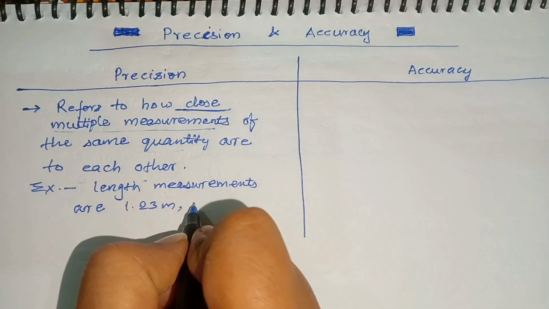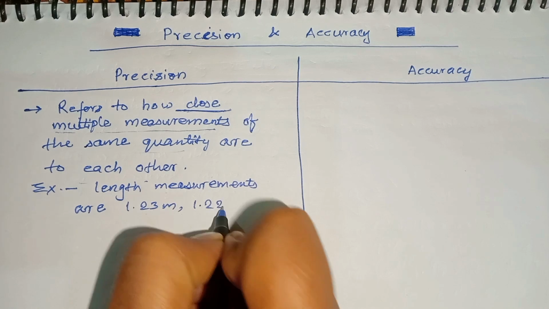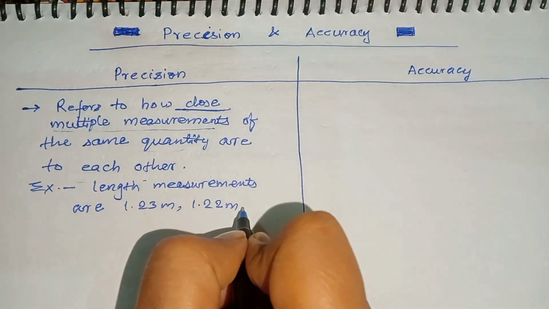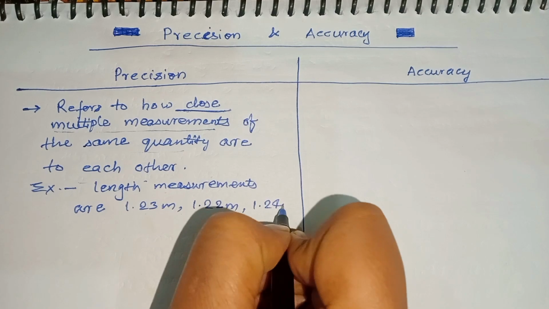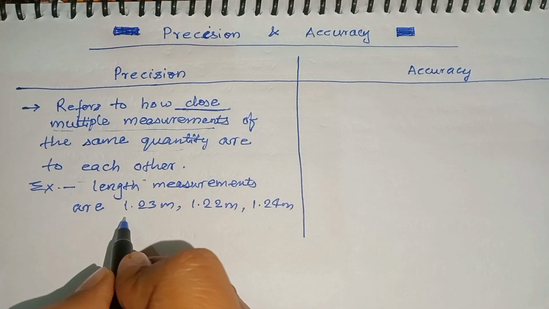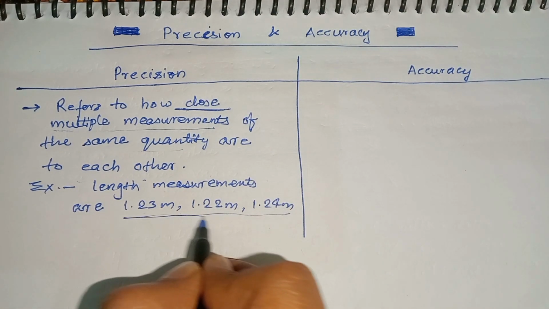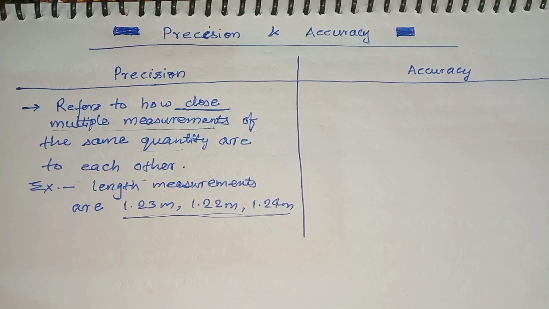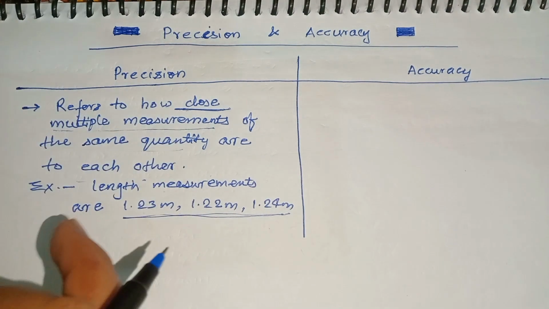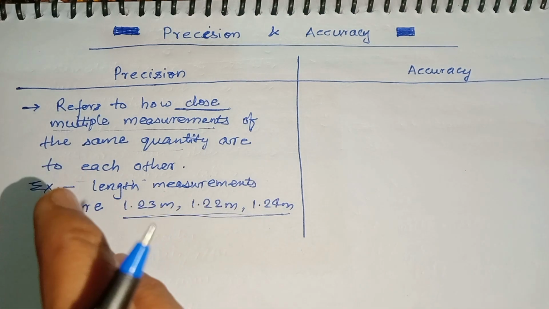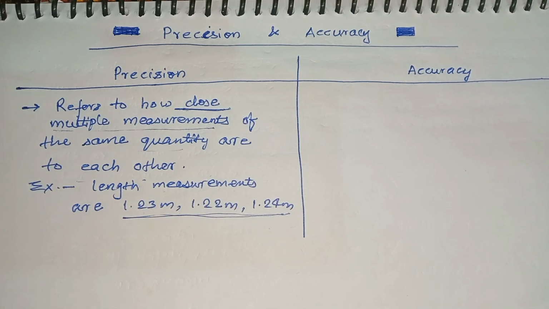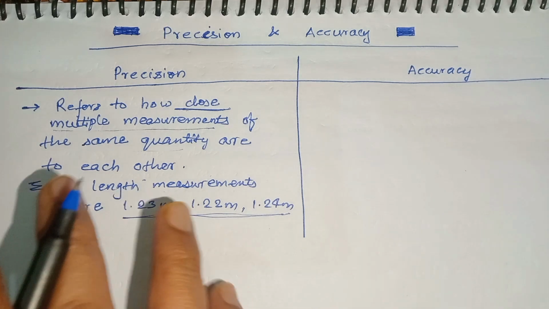Another time we measured it came 1.2 meters, and one other time we measured it came 1.24 meters, suppose that. Then they are very close to each other, there is very little difference between them. This is called precision. How precise the measurement values are, means how close the measurement values are. It means precision means the degree of closeness of the measured values.